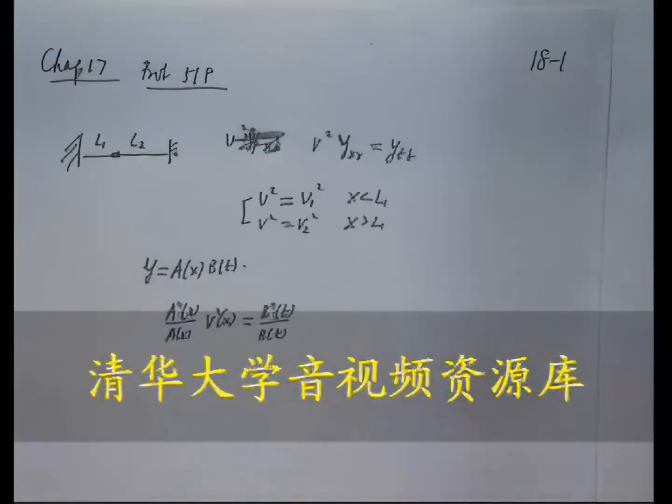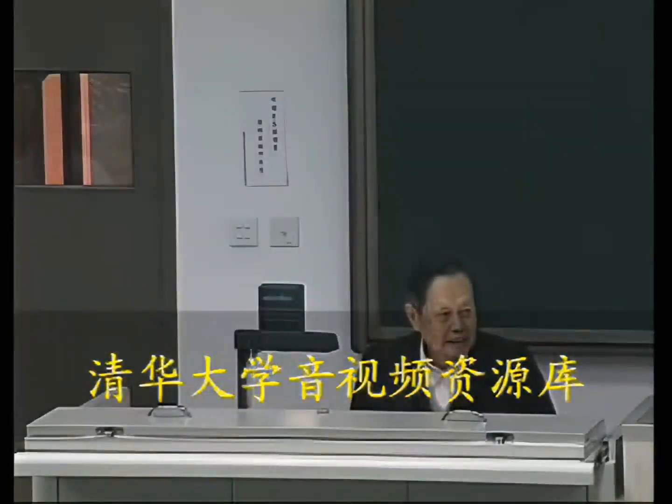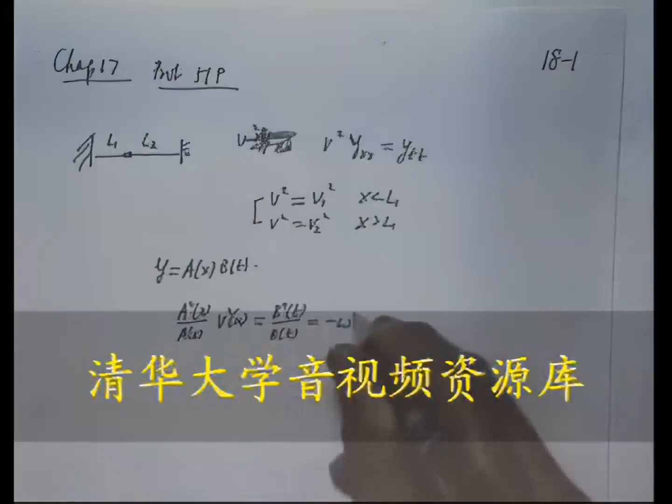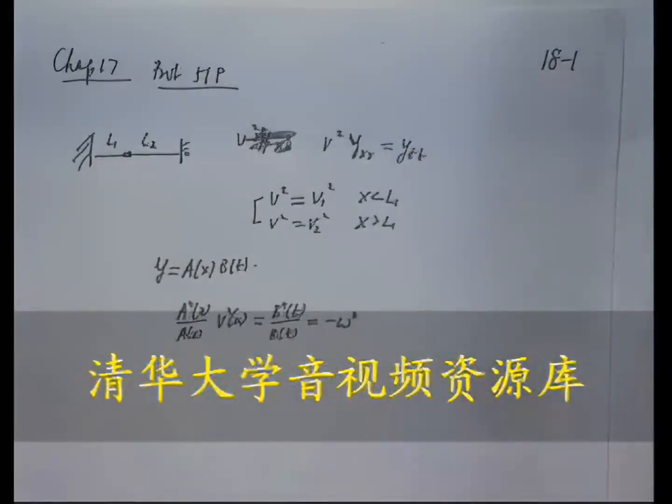Both sides are functions of x and t, but the left side is independent of t. The right side is independent of x. So therefore the whole thing is independent of either t or x. So it's equal to a numerical constant, and we write it as minus omega squared.